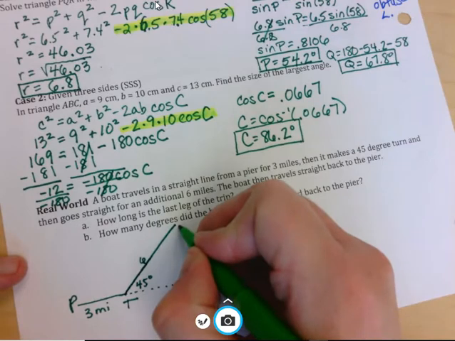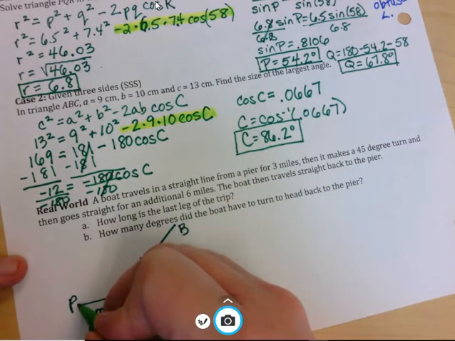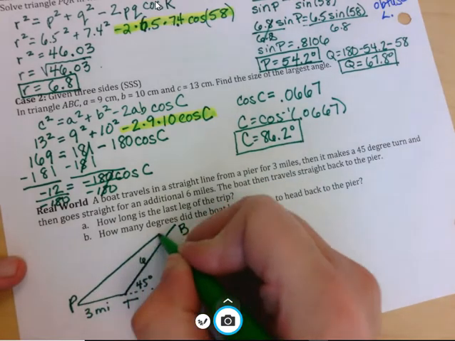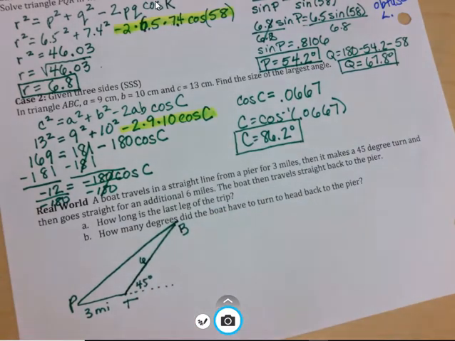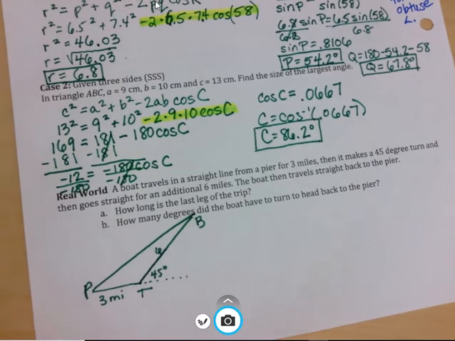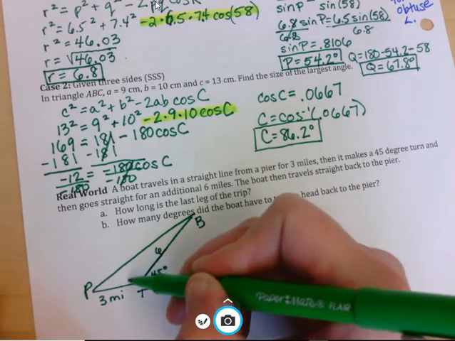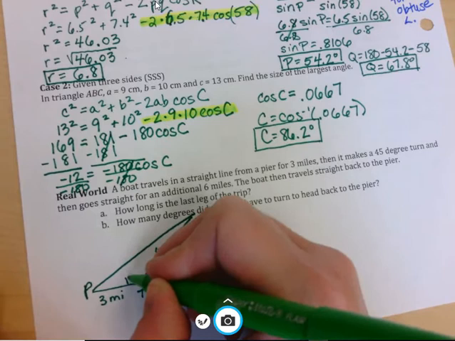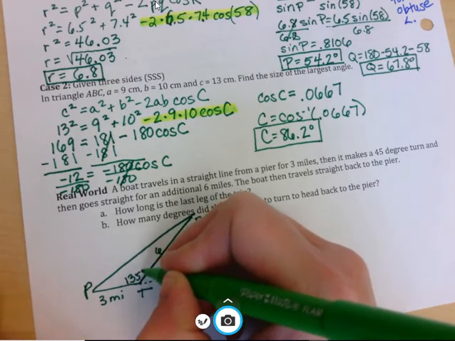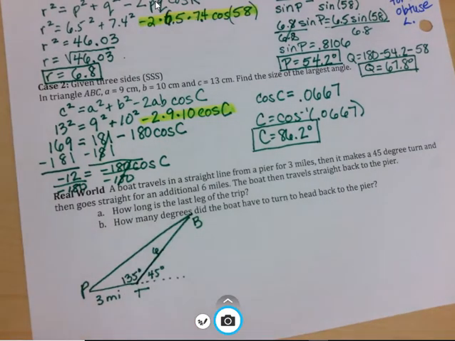So this is when it starts heading back. Corinne and Natalie are pointing out since this is a straight line, 180 degrees, we can deduce that this is 135 degrees. Very good.